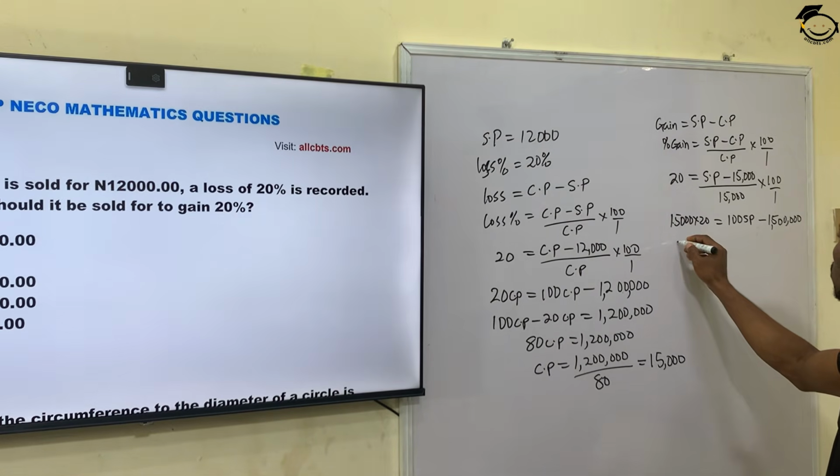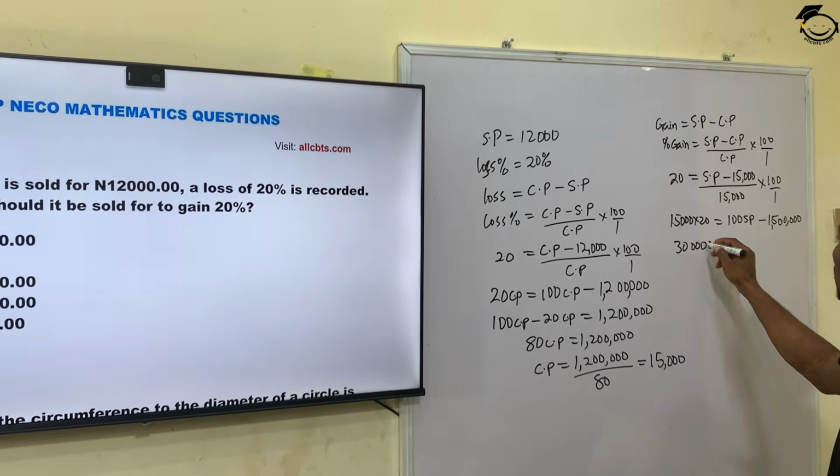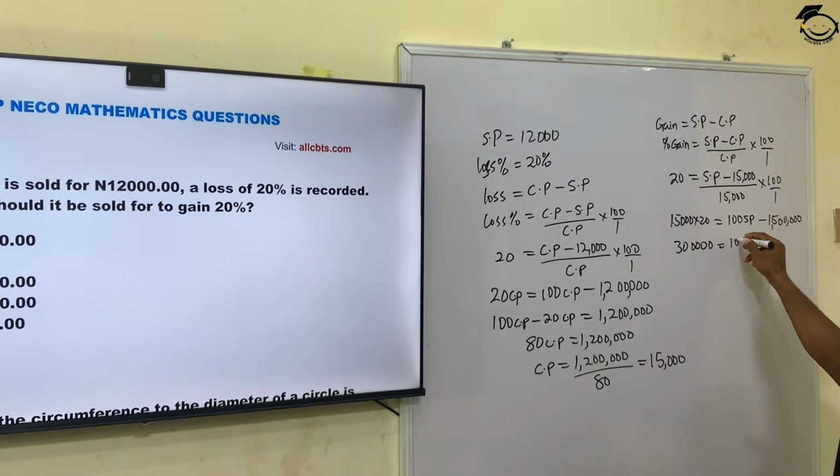Now this will give us 3 million equals 100 SP minus 15 million.